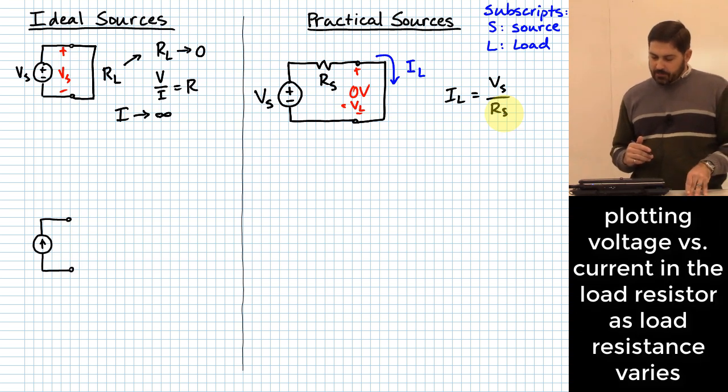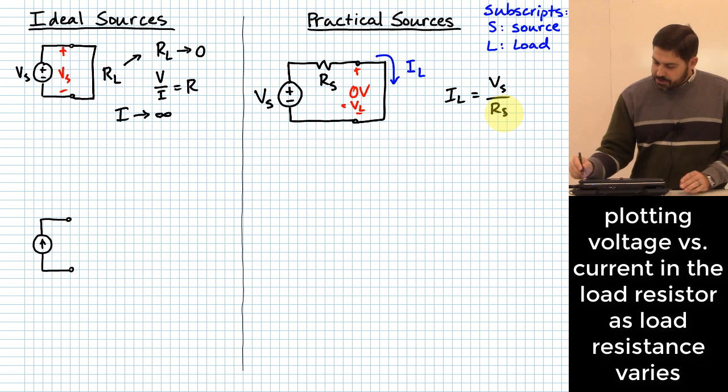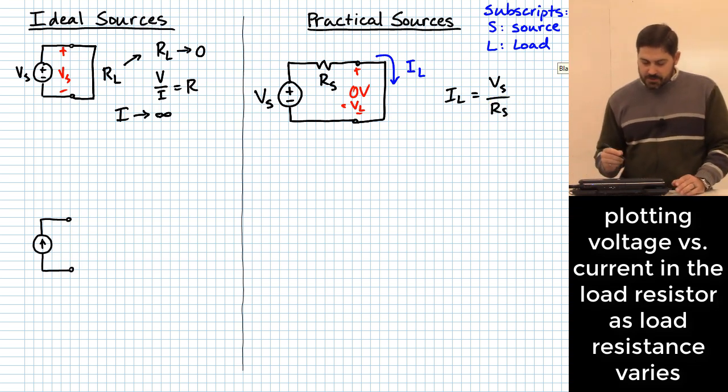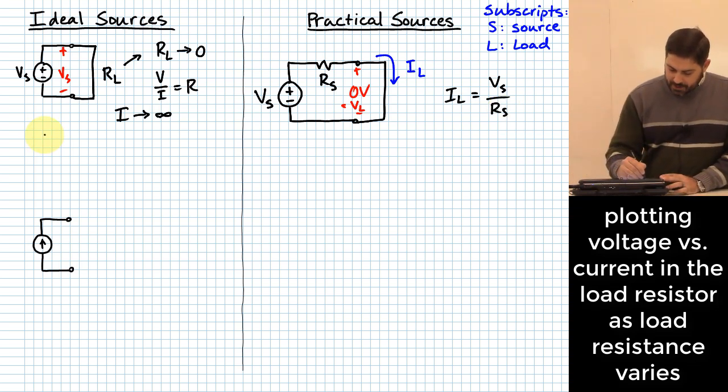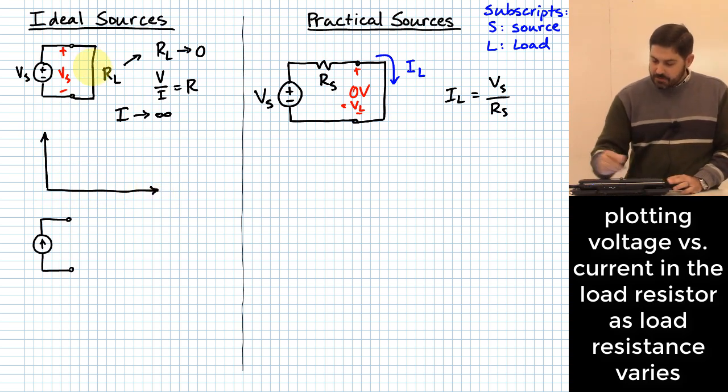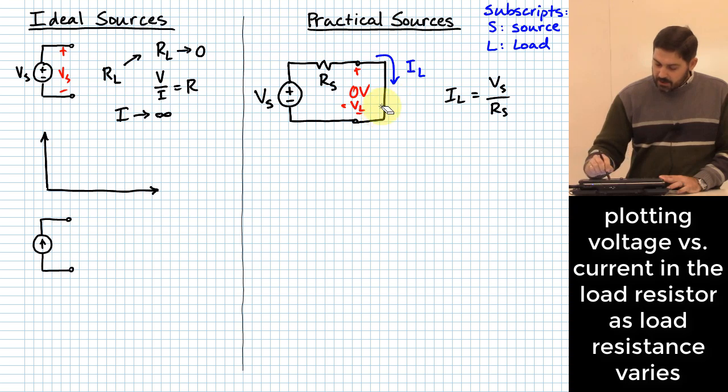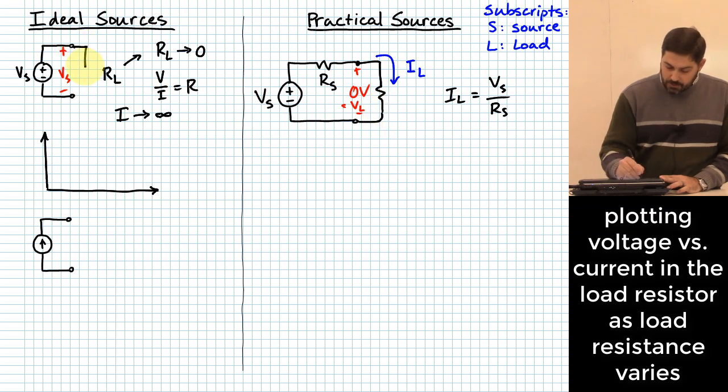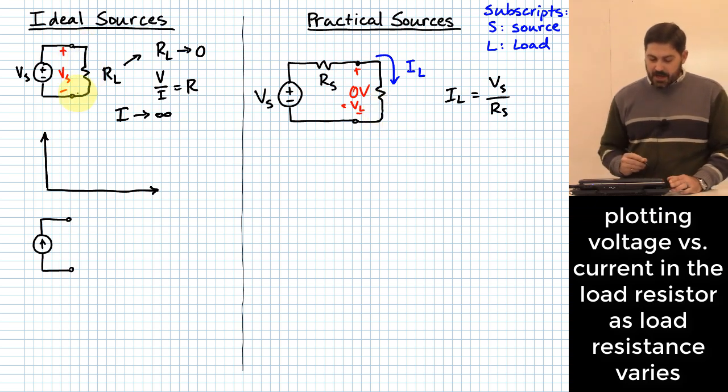Okay, before I leave the point of the practical source versus the ideal source, let's look at another way of thinking about this. What if I let RL, in this case I showed it just being a wire, but instead of thinking of it as just a wire, I think of it as possibly having some kind of non-zero resistance value.